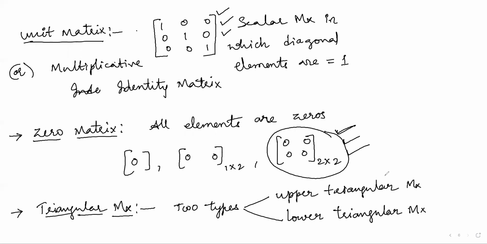So upper triangular matrix means all the elements below the diagonal are zeros.